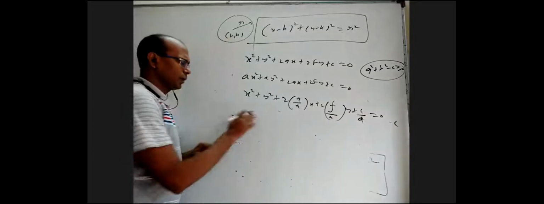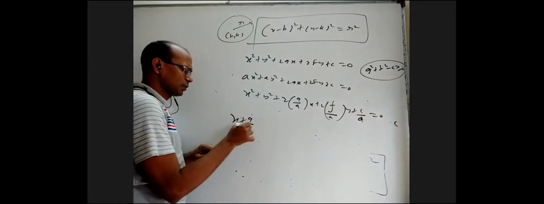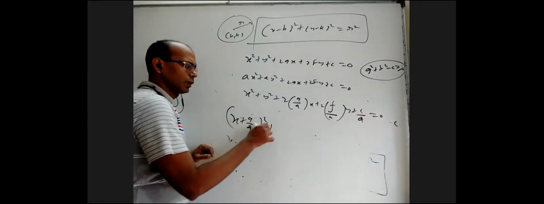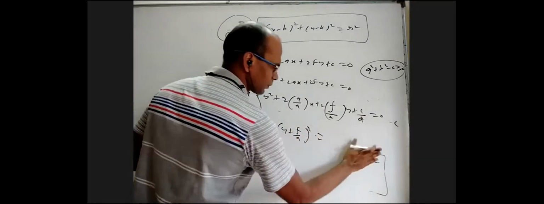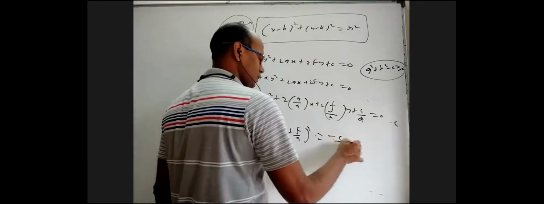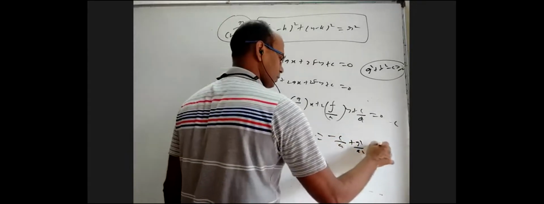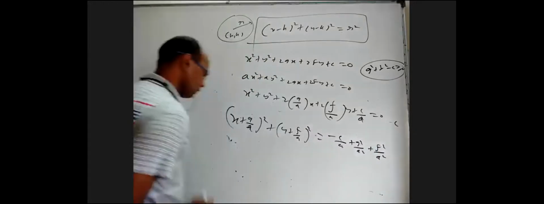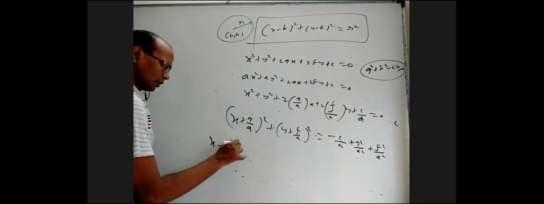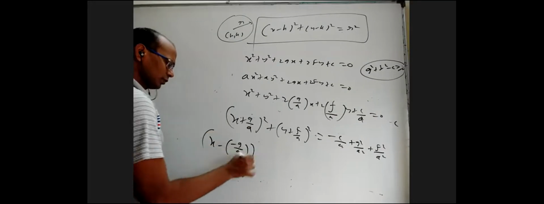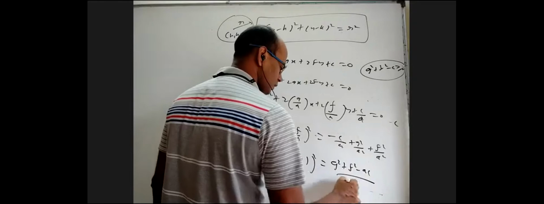Now if you take the perfect square properly, it is going to come x plus g by a whole square, y plus f by a whole square equal to minus c by a plus g square by a square plus f square by a square. That is x minus minus g by a whole square, y minus minus f by a whole square equal to g square plus f square minus ac by a square.